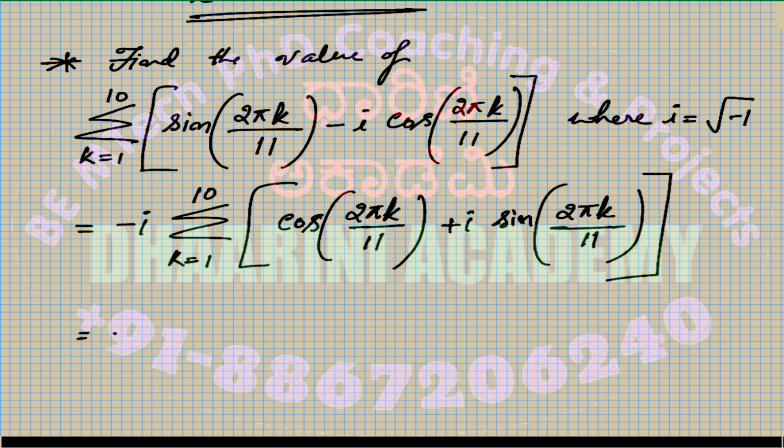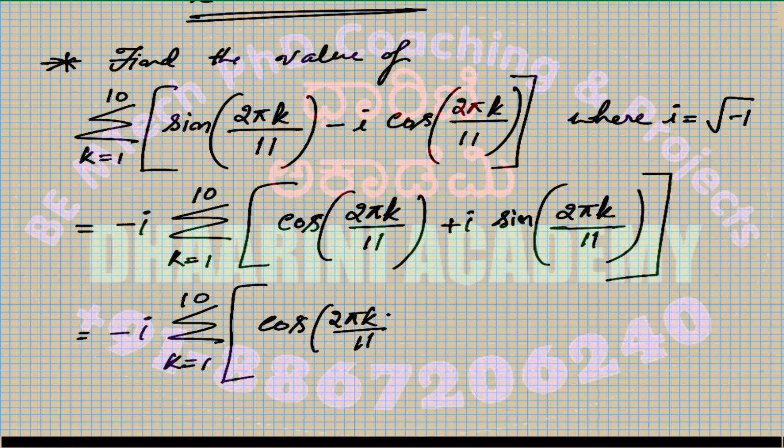So this is equal to minus i as it is into the summation k equal to 1 to 10, of cos of 2 pi k by 11 plus i times sine of 2 pi k by 11.